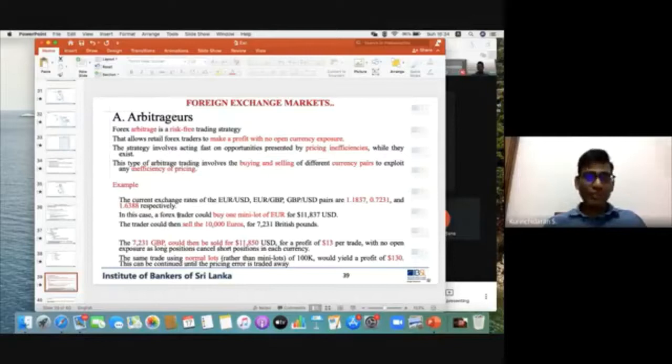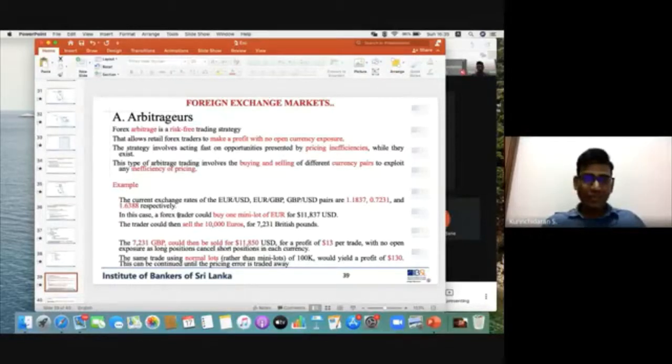So these forex traders, that means arbitrageurs, don't keep open currency exposure. They just buy and sell quickly, or sell and buy quickly, immediately. So the strategy involves acting fast on the opportunities presented by pricing inefficiencies while they exist.